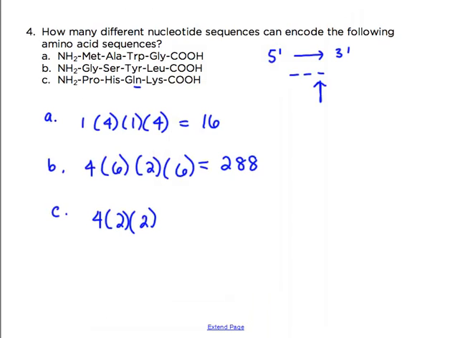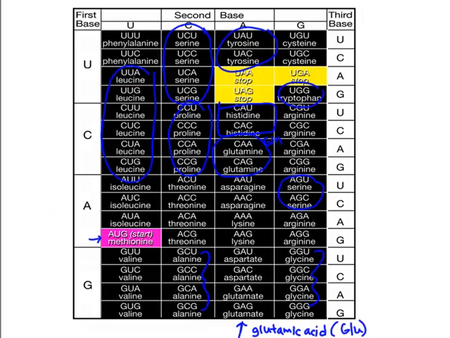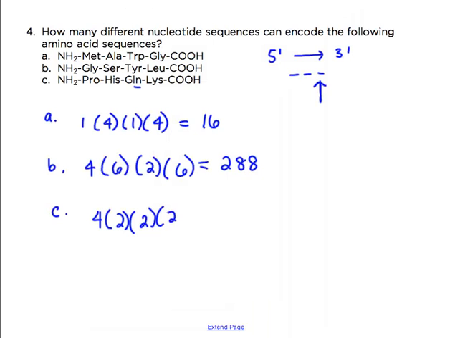So there's only 2. And then lysine, we have 2 here. And I think those are the only codons, so it's going to be 2 again. So when you multiply that across, you get 32. So there's 32 different nucleotide sequences that can give this amino acid sequence.